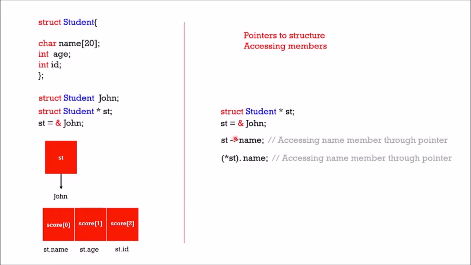But whenever we're using a pointer to the structure, we will have to use this arrow operator, because it basically dereferences the address of that structure. And you can also use this notation, which is within parentheses, you first dereference the st, which is a pointer.